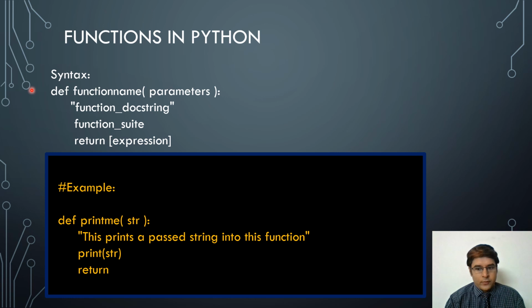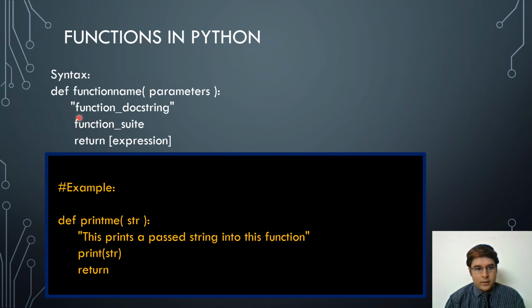The syntax for a function is like this: using the def keyword, and the function name comes up next, and then within brackets the parameters and a colon, and within indentation this block of code which is the function code, and which starts with a function docstring.